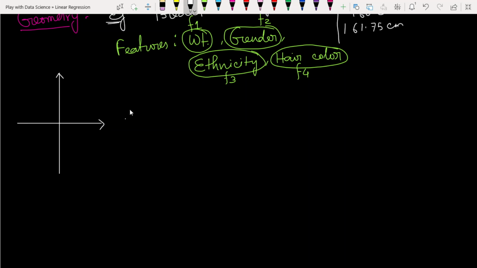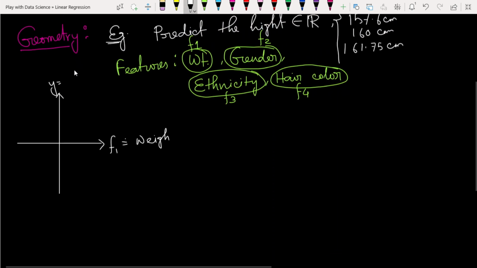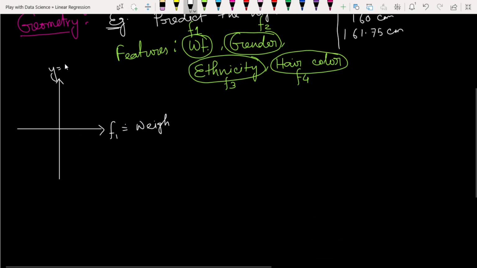On the independent axis we have one feature, F1, which is the weight of any human, and on the y axis, the dependent axis, we have y, which is the height we have to predict. For ease of visualization, we have taken only one feature.